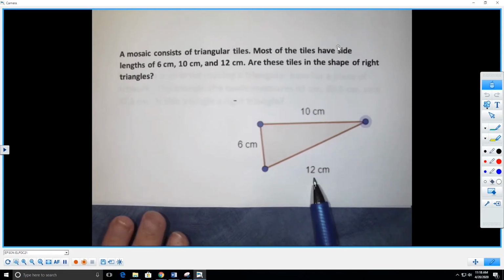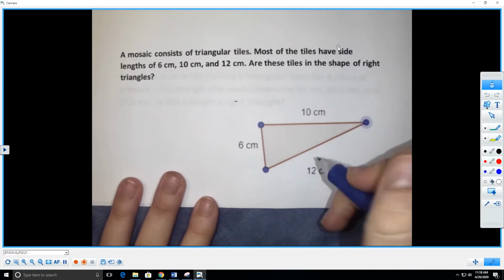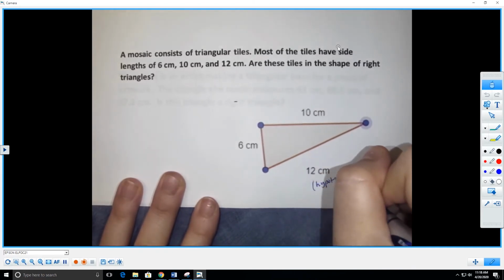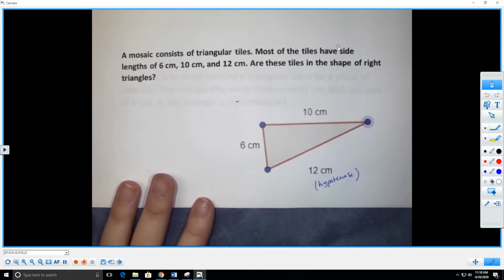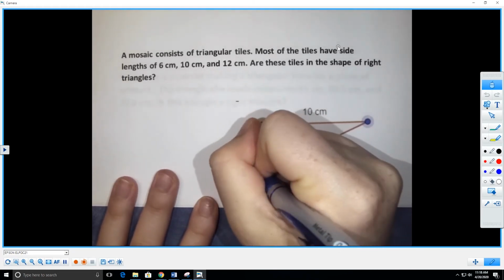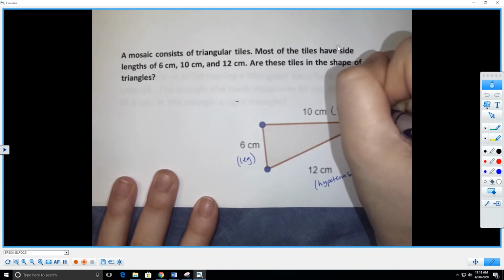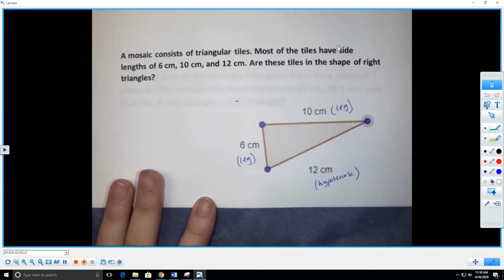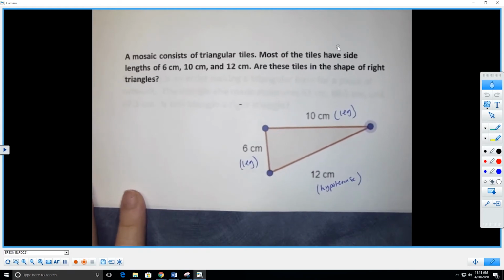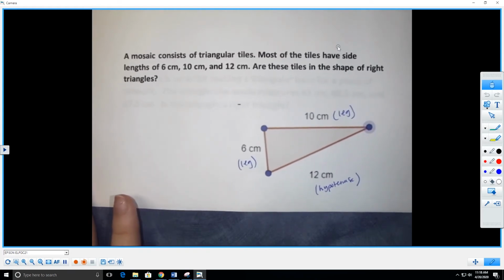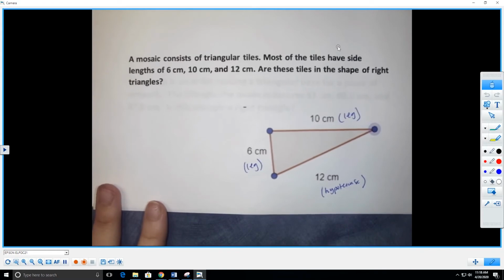Did you choose 12 centimeters as your hypotenuse? Good. It's the longest measure, and the other two will be our leg lengths. Now, we've done several of these already. Take a minute to see if you can set this up and test it on your own.